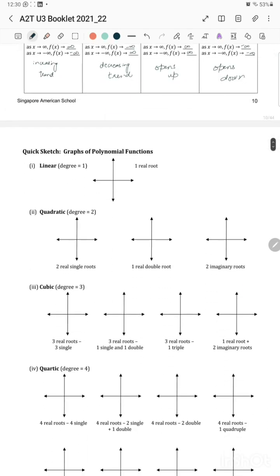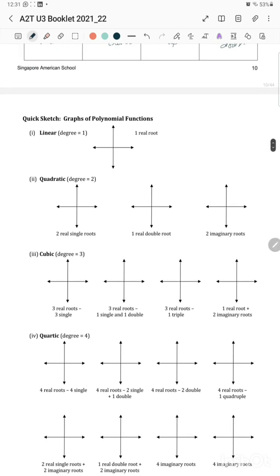Okay, so the graph of the polynomial function. A linear function has one real root. A quadratic function has degree 2. It has two single roots. For example, y is equal to 2x plus 2 has one real root. For example, y is equal to (x plus 2)(x minus 2) has two single roots.